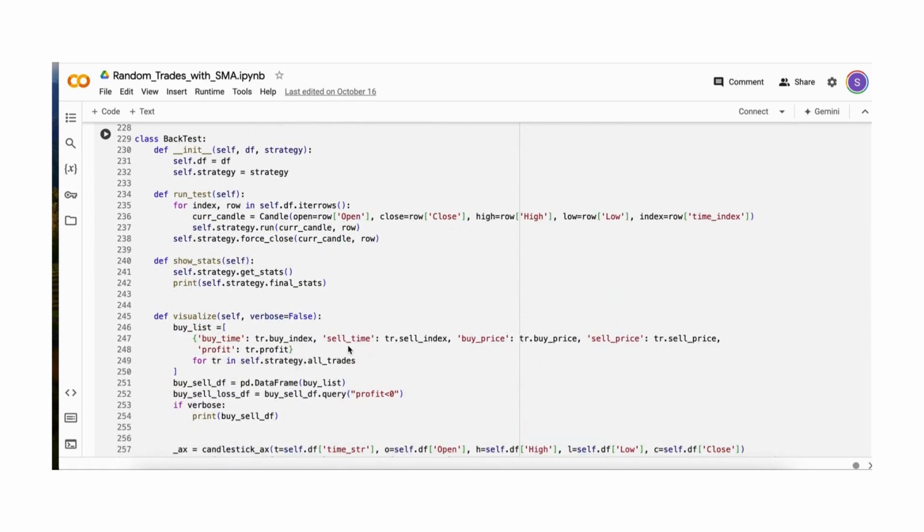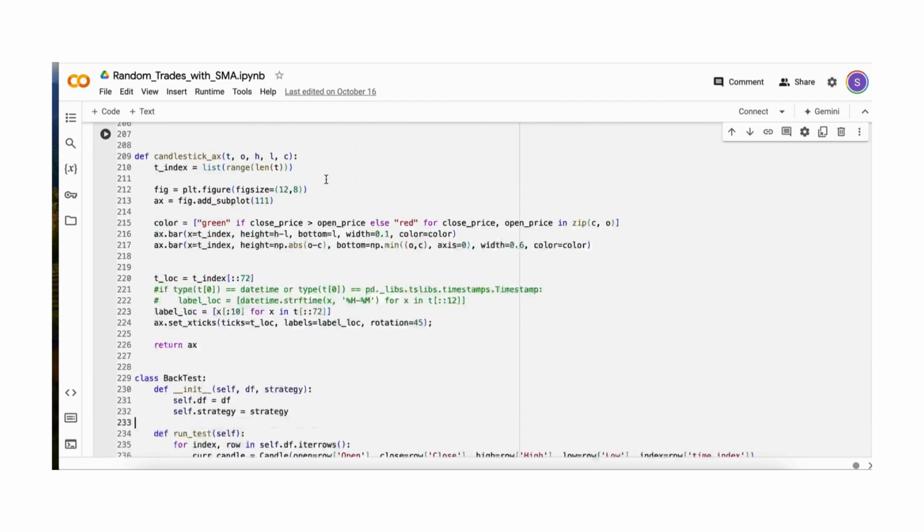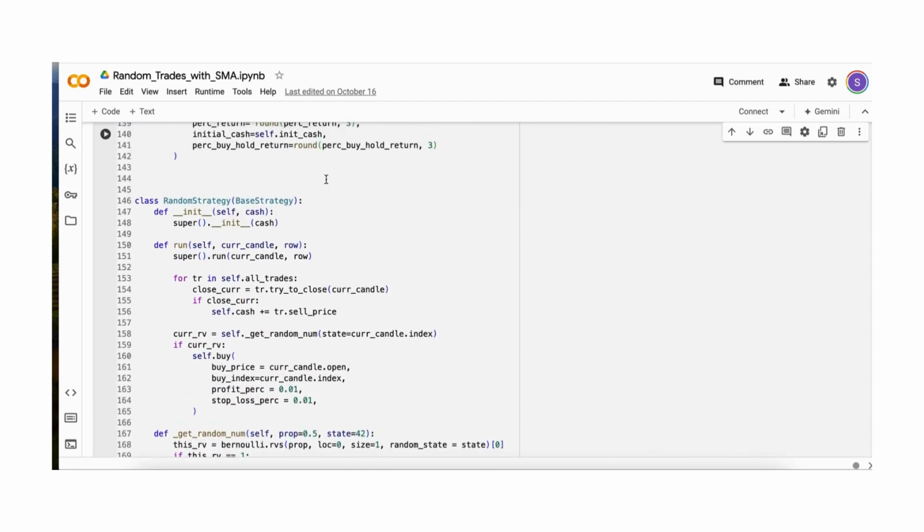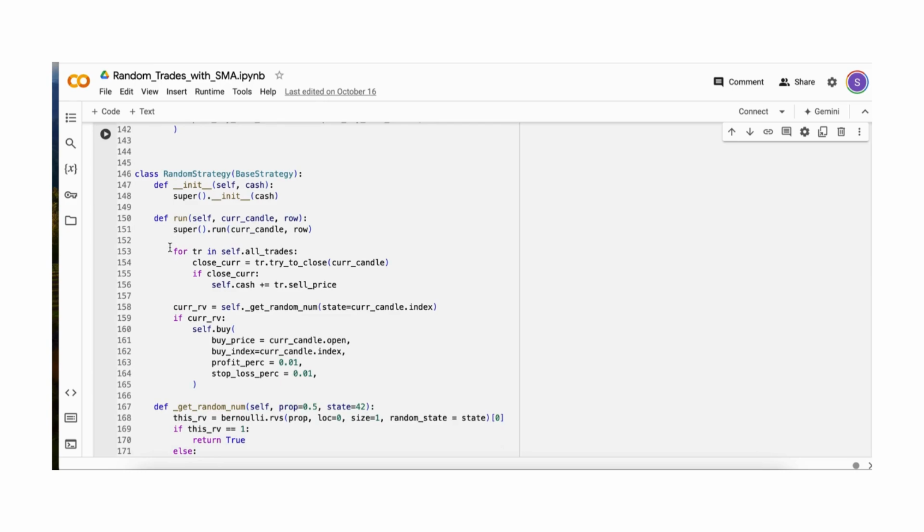Basically, this is the main function, run test, and it iterates through all the rows of the data frame and calls the run function of the defined strategy. The strategy could be a random strategy or what we call the random SMA strategy here. In the case of the random strategy, the run function first tries to close a trade if there are any open trades.